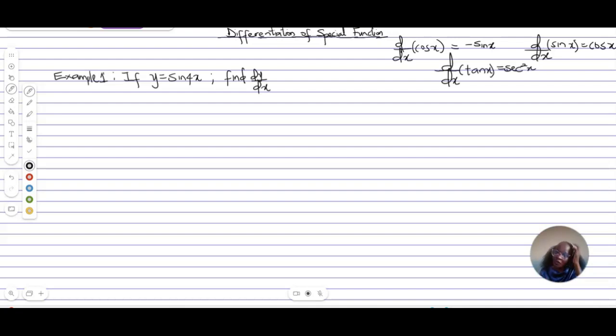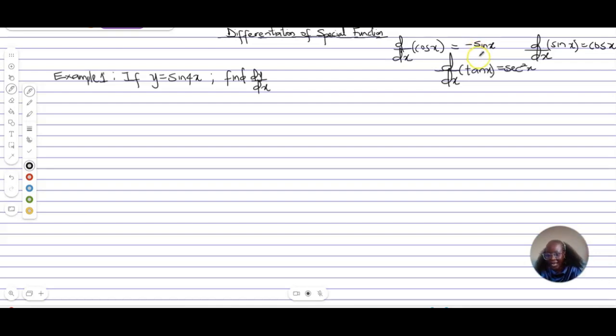We can see from the screen that differentiation of cos x with respect to x is negative sine x.